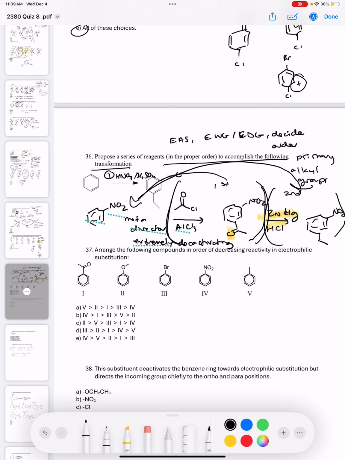because you have to keep it as an electron withdrawing group whenever you put that on first.